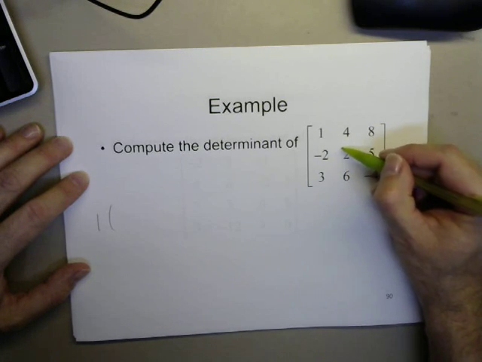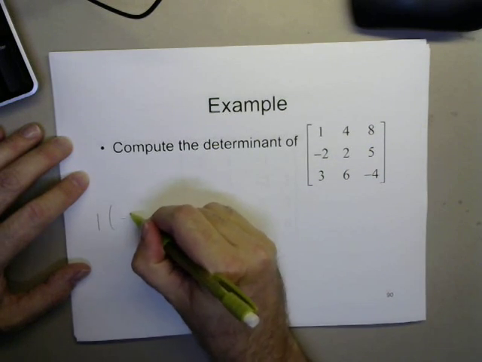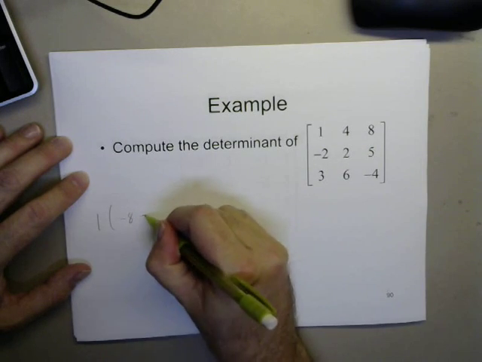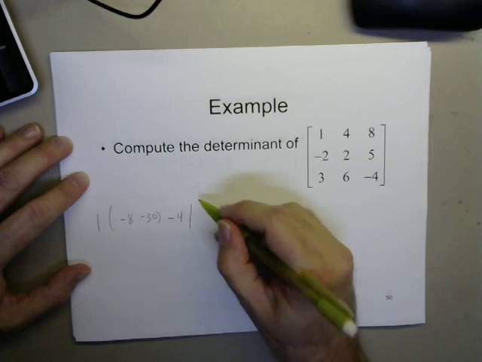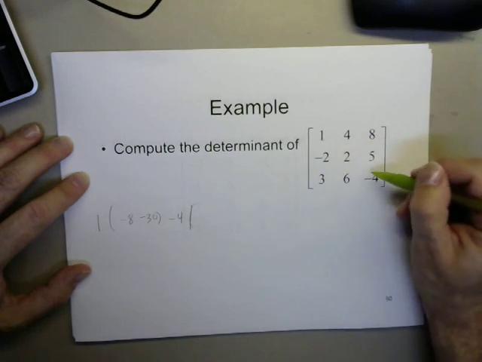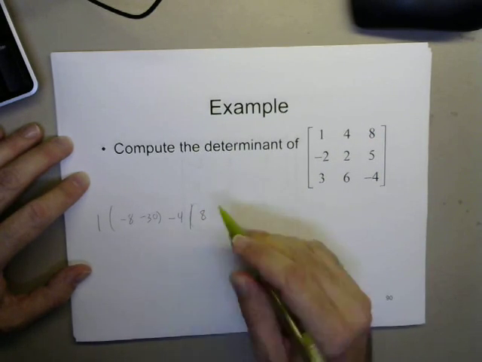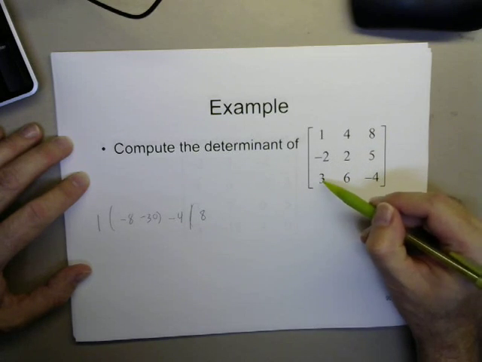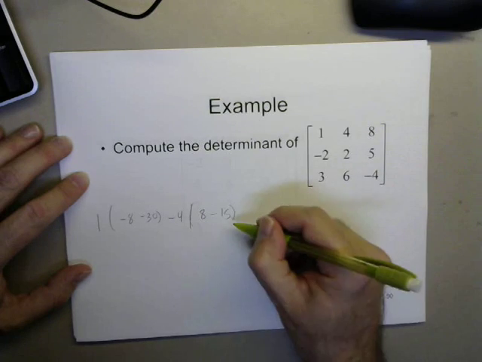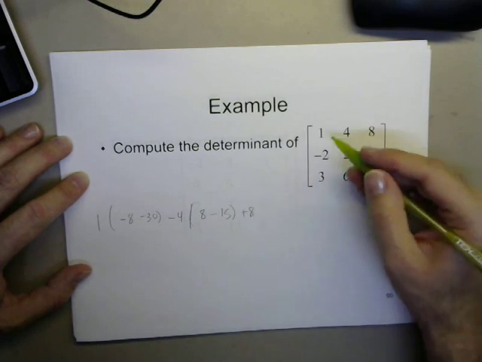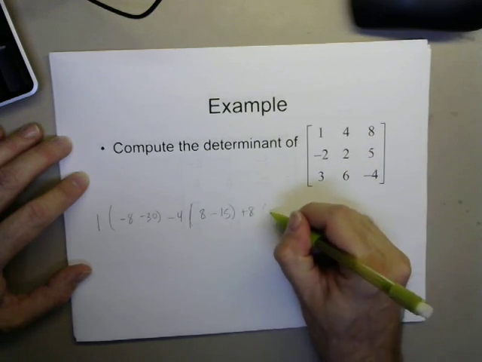So you'll get -8 minus 30, then multiply by -4, and then multiply that by -2 times -4, which will give you a +8, and then take 3 times 5, which will give you -15, and then take 8 and multiply that by -12.